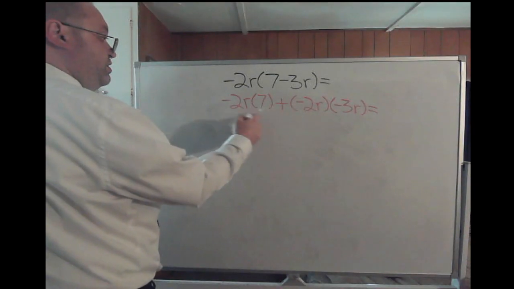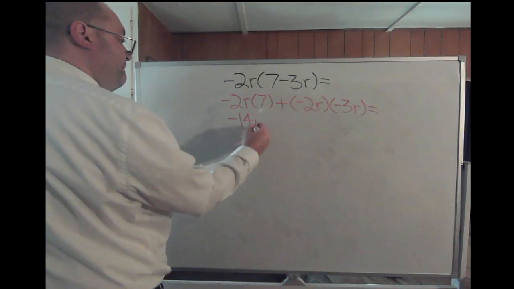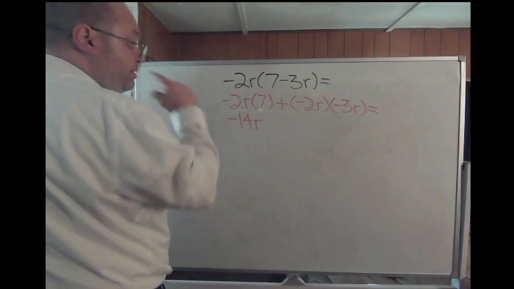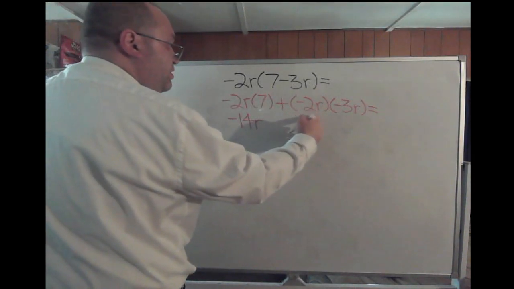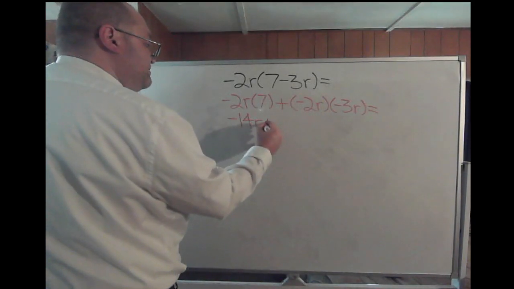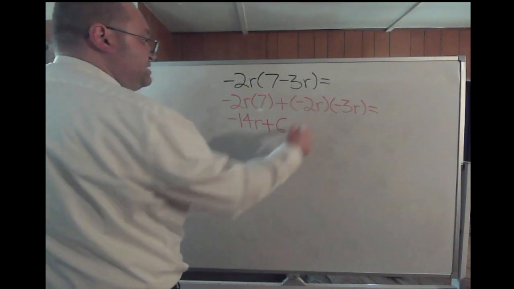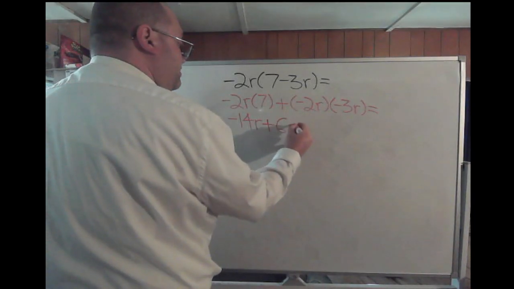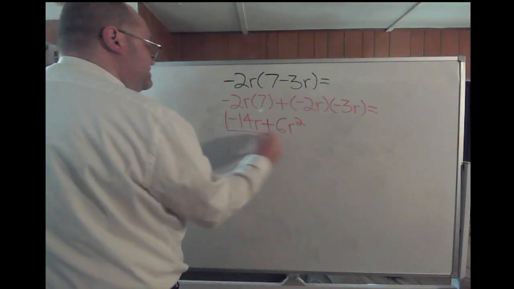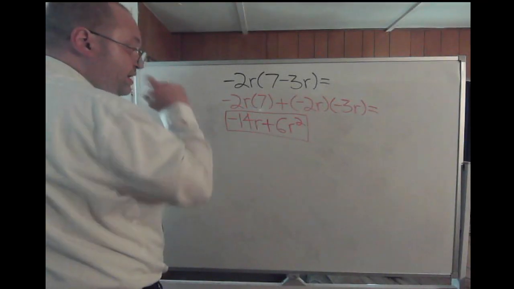Well, negative 2r times 7, that'd be negative 14r. Now, plus you have negative 2r times negative 3r. Well, negative 2 times negative 3 is positive 6. That would be it for the coefficient, it will be positive 6, but you have r times r, which would be r squared. So this here is one acceptable answer, negative 14r plus 6r squared.